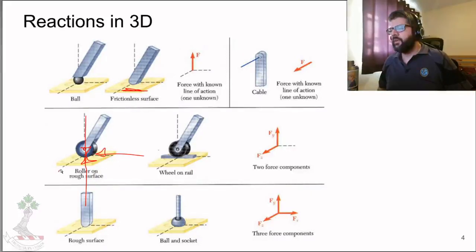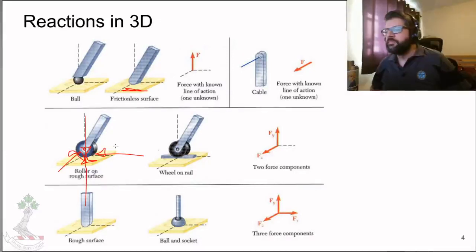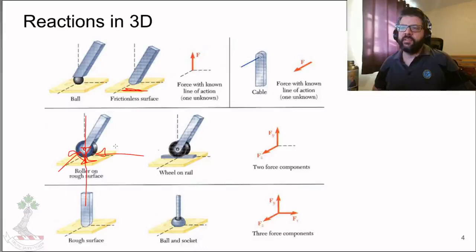But if you try to have a lateral force applied, then it is going to resist that movement, because then you're not rolling across the surface, you're trying to skid the roller, so you get the friction component working there. Same idea, but a bit more stringent. A wheel and a rail do the same thing.